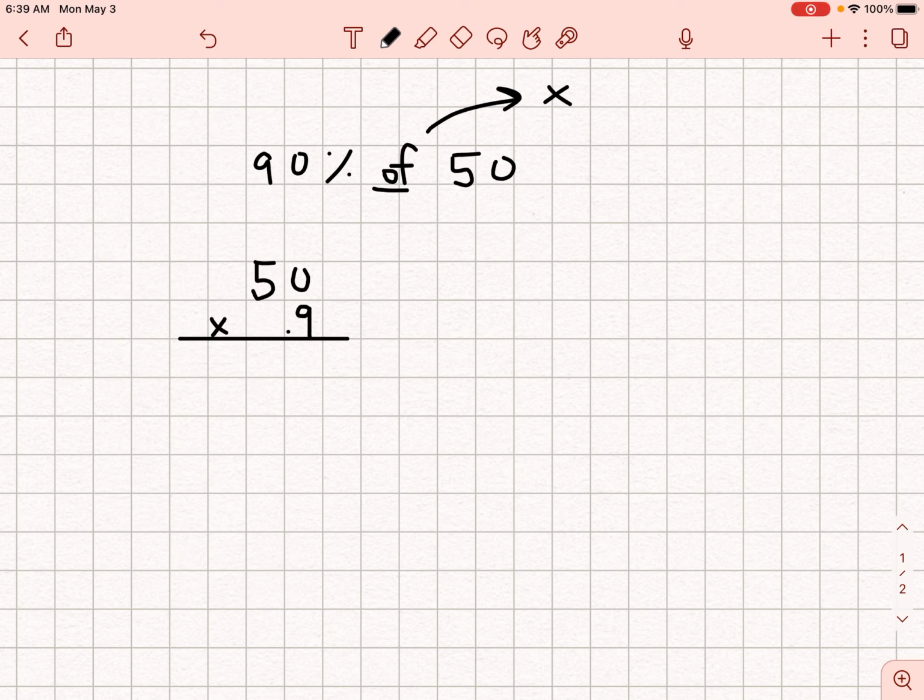There we have it. 9 times 0 is 0. 9 times 5 is 45. And my decimal's at the end, of course, of that number. How many numbers in the problem are after a decimal? I see just one number after a decimal. So I'm going to move that one time. And there we have it, 45 and 0 hundredths. 90% of 50 is 45.